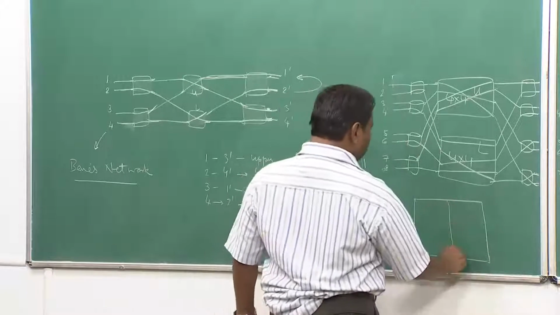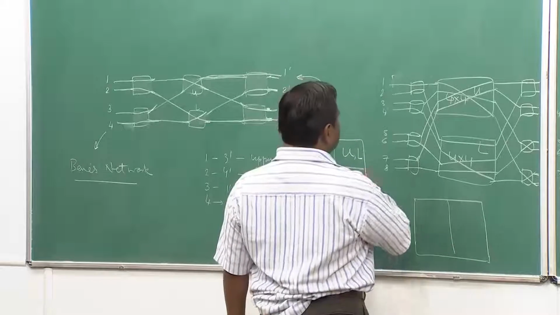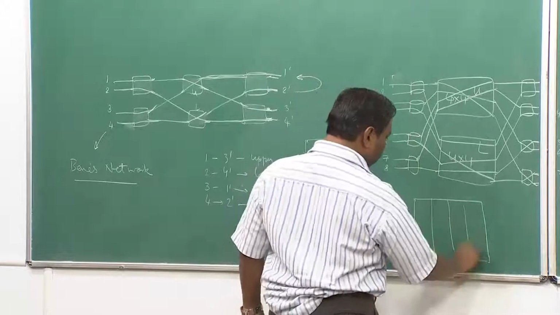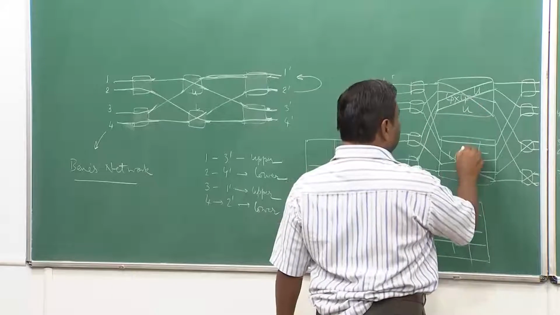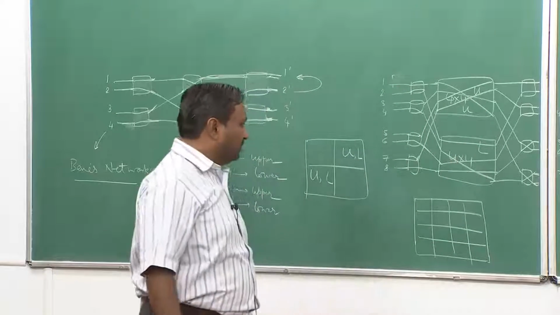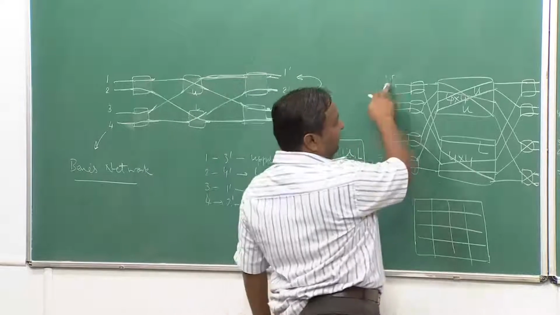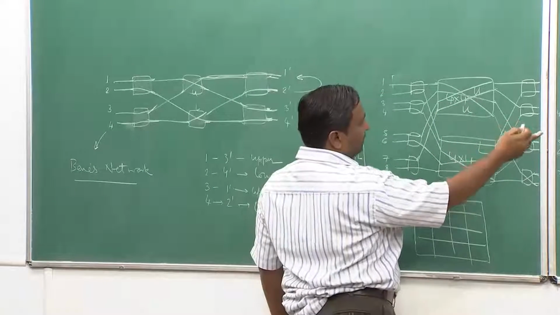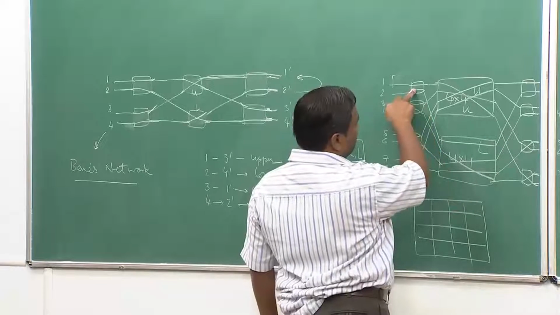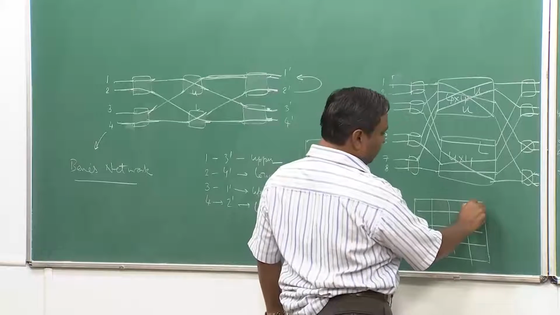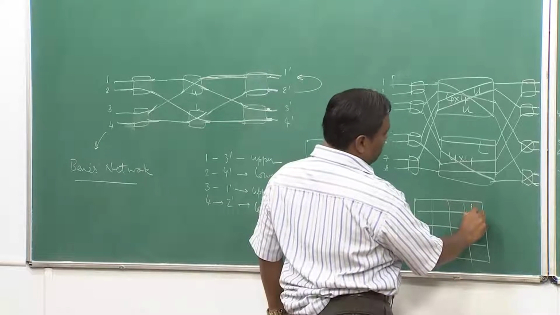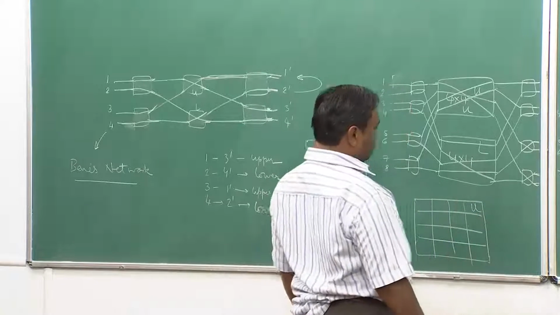So, I will be requiring, in this case, 4 by 4, only 2 switches are there, upper and lower. So, from 1, when I am connecting to 8 prime, this is going from row 1 to column 4, this is going via upper. Okay.